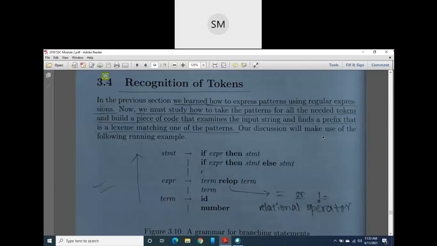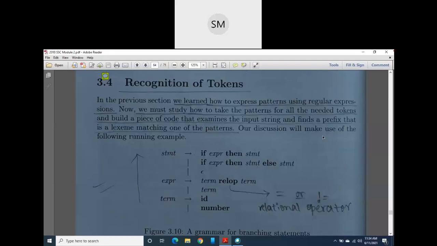Just observe and understand this topic: we are going to recognize something. What are we going to recognize? We are going to recognize tokens. You know the basic funda behind our compilation process. The first two phases I am discussing here are lexical analysis and then syntax analysis.